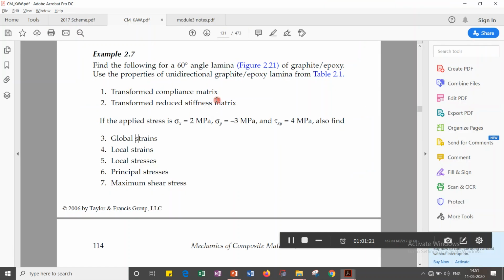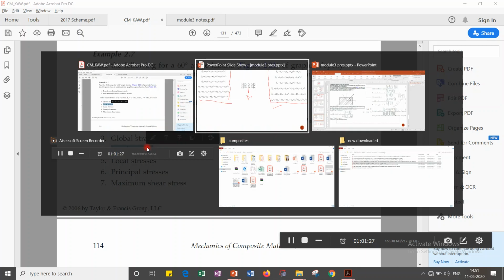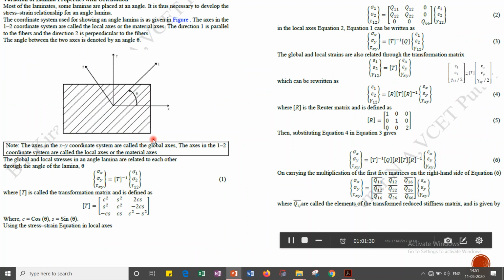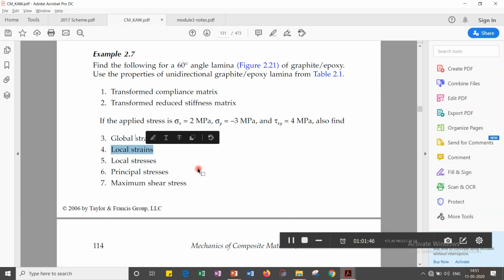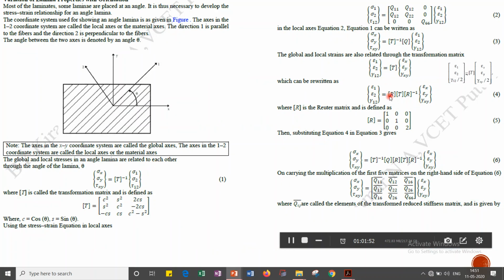Let us look into the second part, local strains. Epsilon 1, epsilon 2, and gamma 1 2 are the local strains, so I should calculate those. And local stresses are sigma 1, sigma 2, and tau 1 2. I should calculate sigma 1, sigma 2, and tau 1 2.